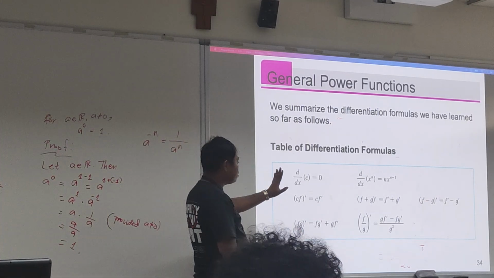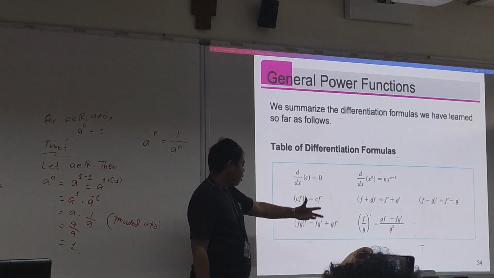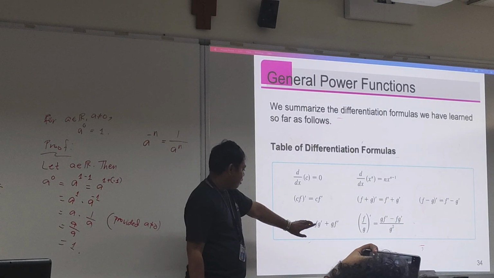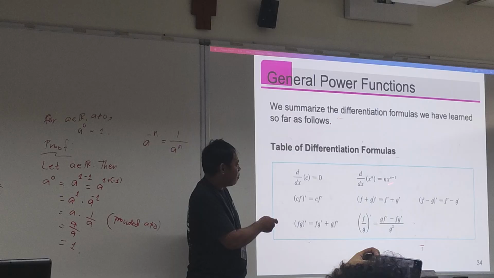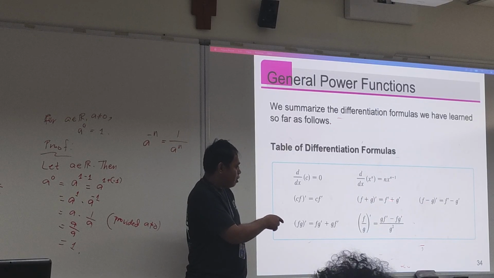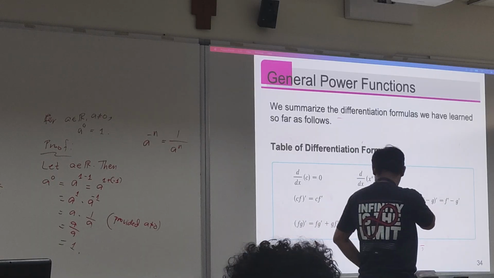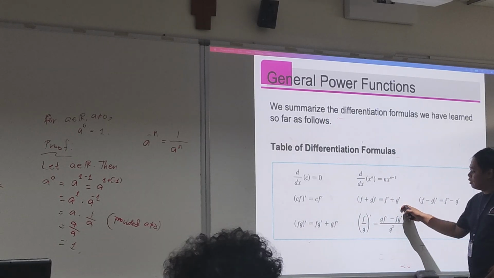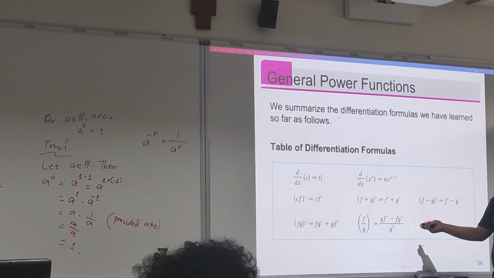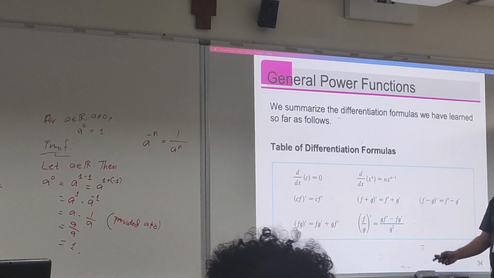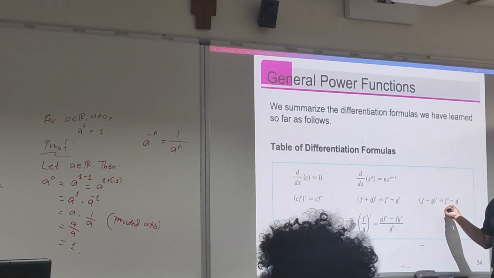You have the power rule, the constant rule 0, the constant multiple rule, the product rule, the sum rule, the difference rule, and the quotient rule.